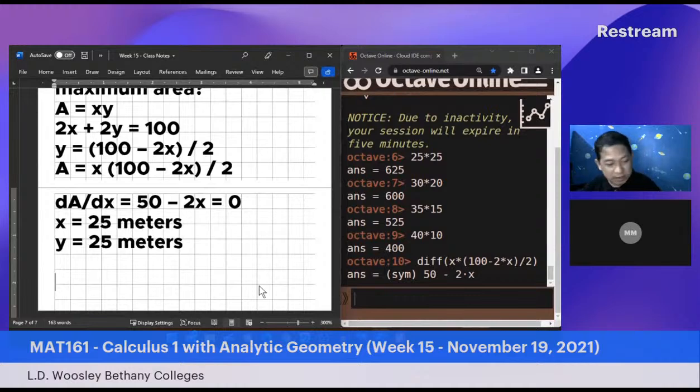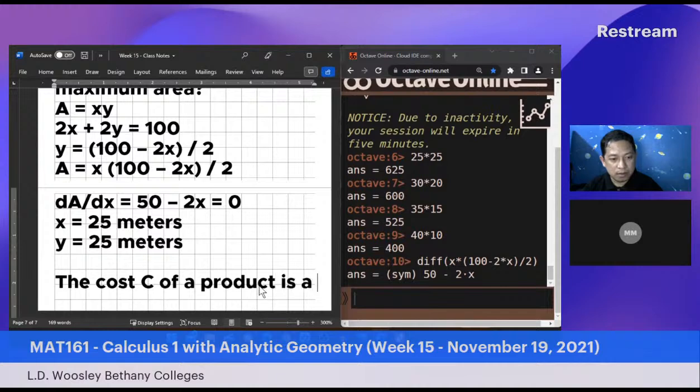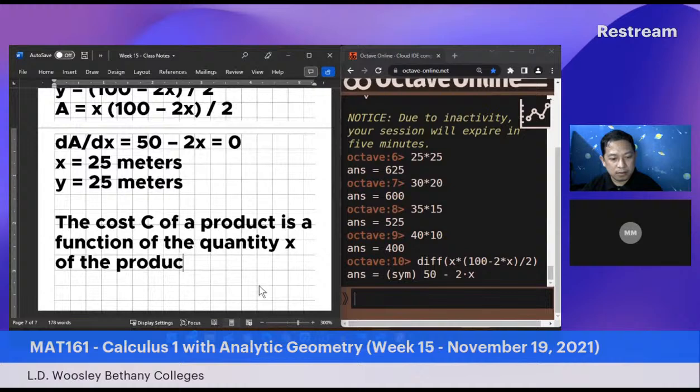This one is in economics. A cost, C, and the quantity X of the product, wherein there is an equation for that cost.